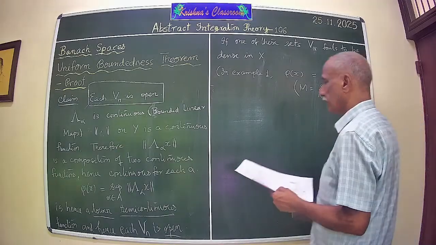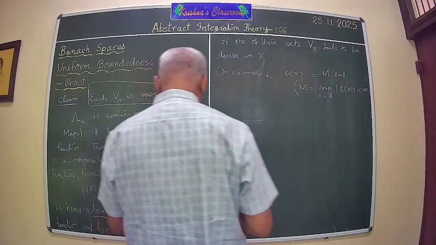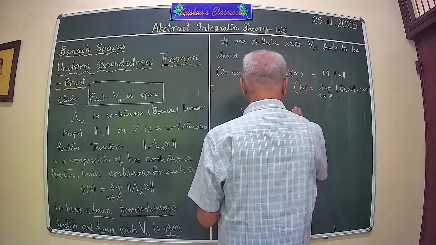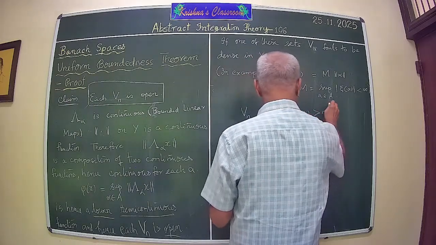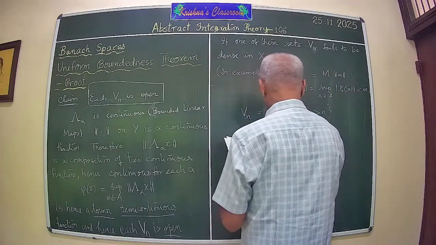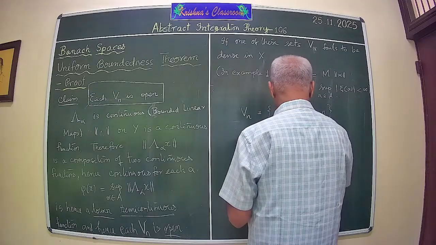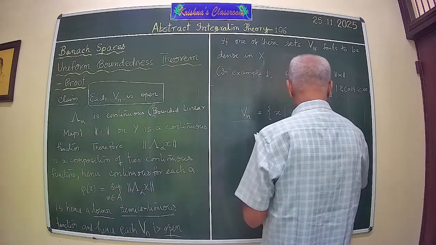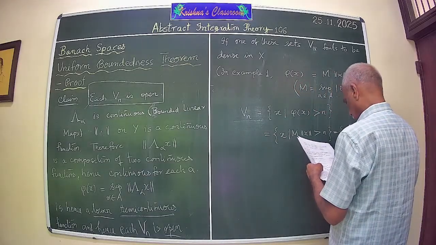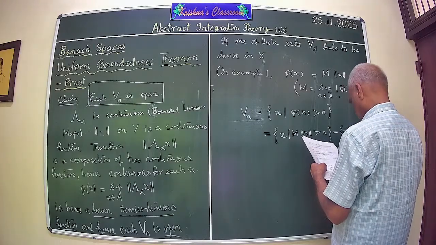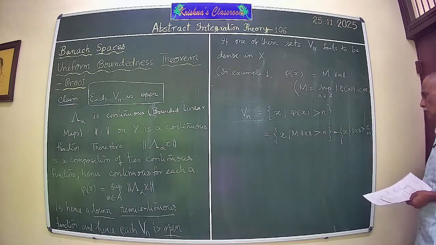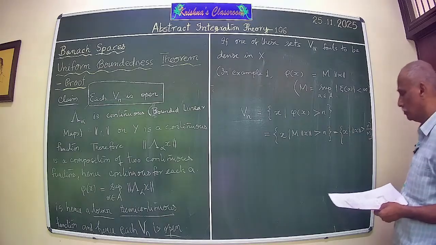In the first case, this is finite. Therefore, you see that the corresponding Vn is going to be the set of x with norm of x greater than n by m.